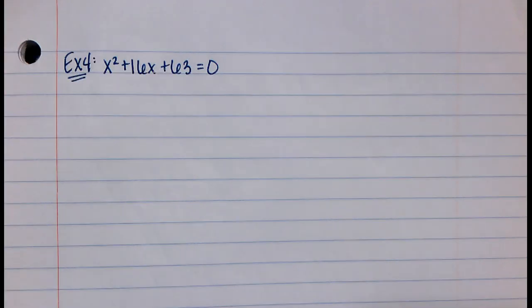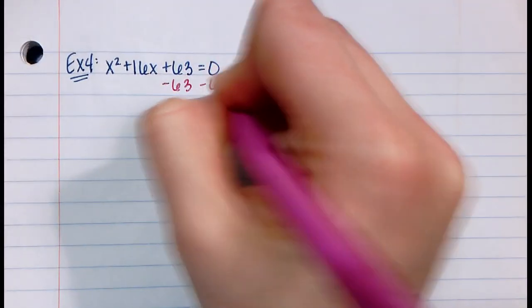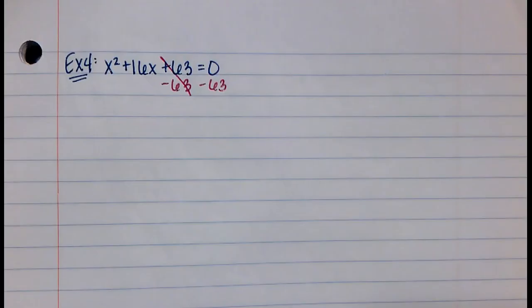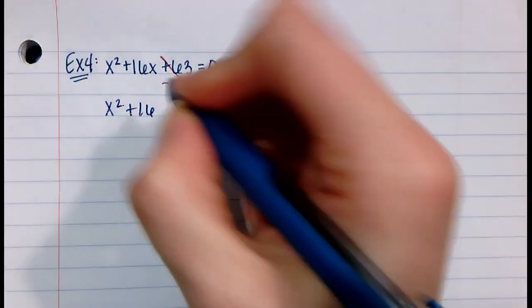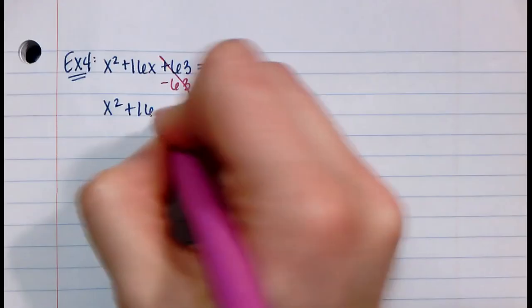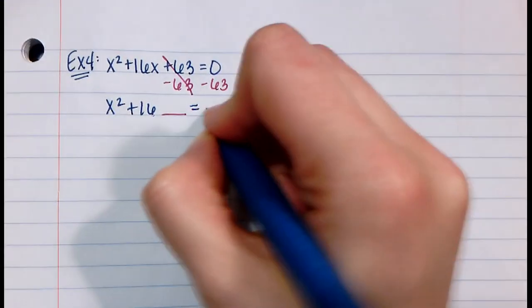Okay, let's look at example 4. x squared plus 16x plus 63 equals 0. So we would subtract 63, leaving us with x squared plus 16x plus our blank equals negative 63 plus our blank.